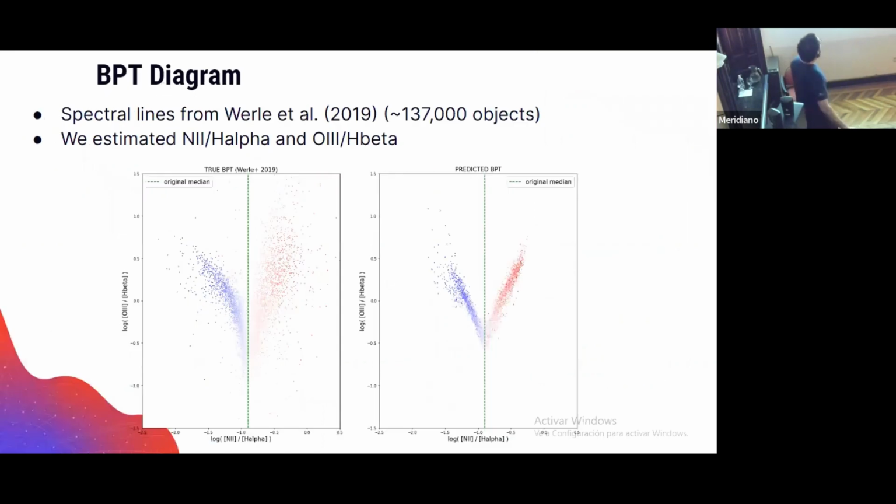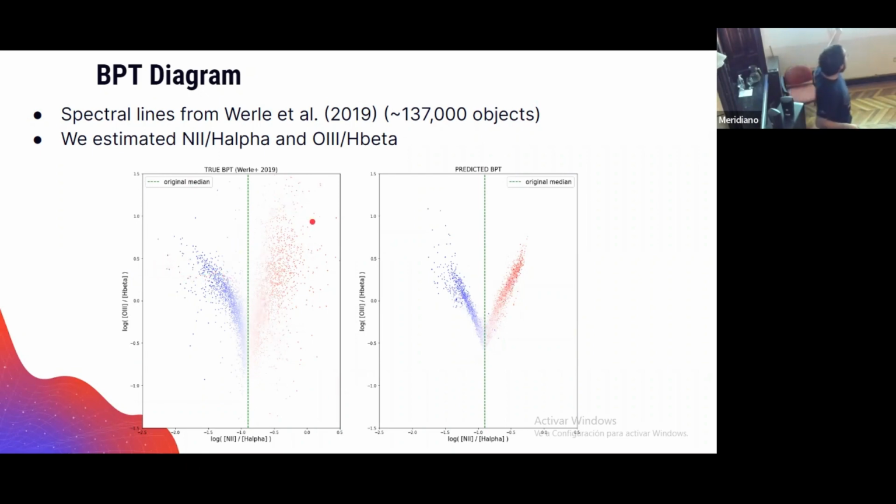Something else that we did was the BPT diagram. The BPT diagram is this diagram over here. On the x-axis, it has the N2 over H-alpha line, and on the y-axis is the O3 over H-beta line. The BPT diagram is for galaxies and has this two-winged shape, so you can see that there is a wing over here and a wing over here.